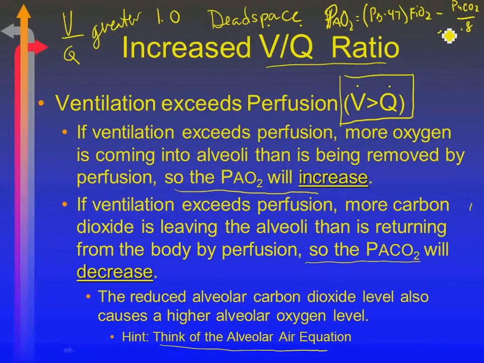This technically should be alveolar, but for our goofiness, we make it arterial just for simplicity's sake. But if that value gets smaller, I'm going to be subtracting less off here. So my alveolar value will actually be bigger. If I make the carbon dioxide level lower, it's going to be a smaller number that's subtracted off that alveolar value.